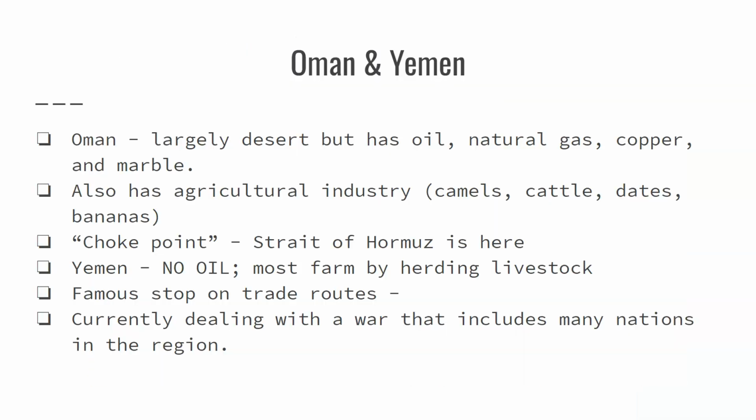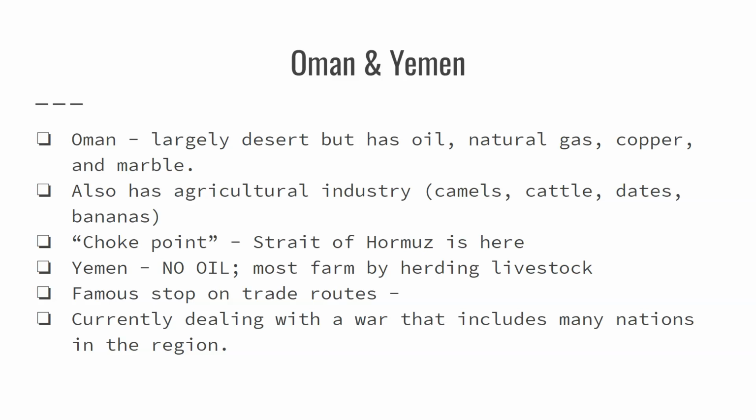Yemen, on the other hand, unlike a lot of the nations in this region, does not have a substantial oil reserve, and most of the farming that you'll see is herding using livestock. In the ancient world, it's a pretty famous stop for trade routes. However, currently Yemen is dealing with war that includes a lot of nations in the region and also other international powers.